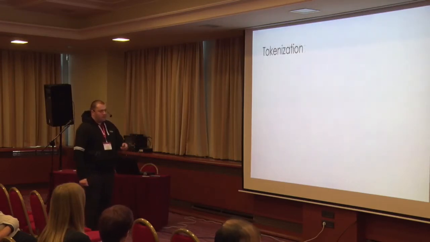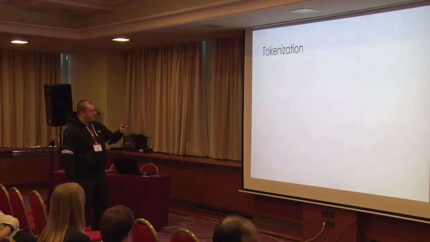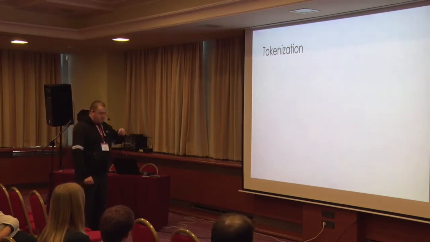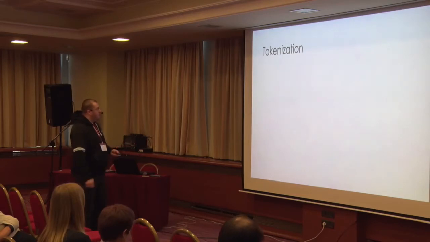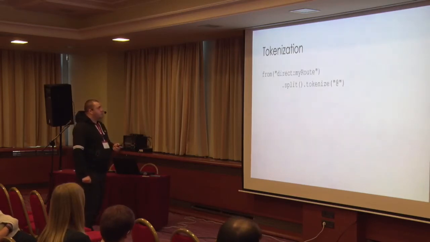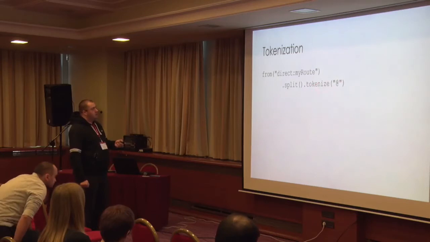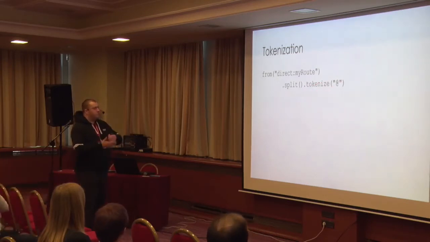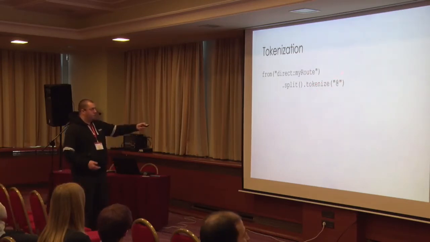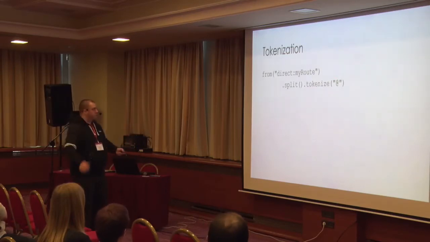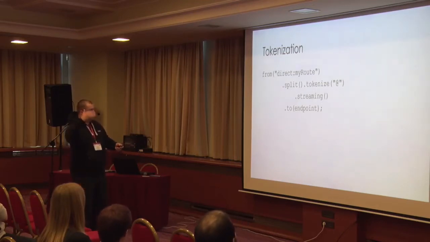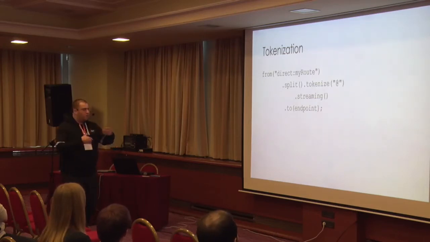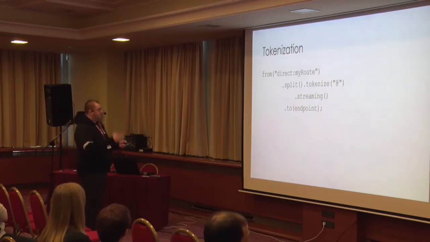Okay, so besides these prepared solutions for marshalling the received objects, if you receive a string, you can use this option tokenize to split it by certain new lines, by this character or some regex or something like that. And you can use this option streaming to stream it to this endpoint. There is parallel streaming, there are even options for delaying, there's a bunch of options.